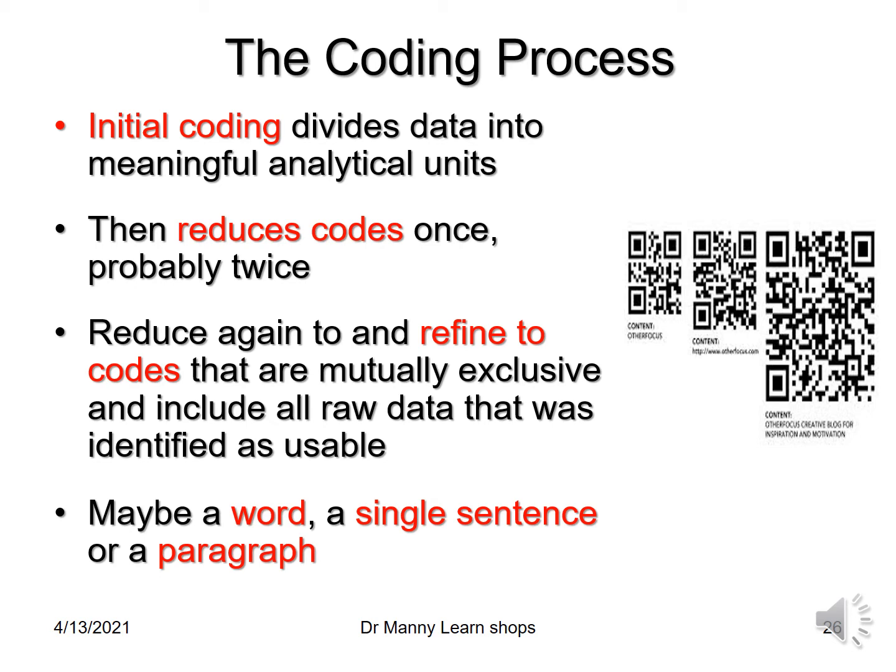So you reduce again and again and refine the codes that are mutually exclusive and include all the raw data that you identified as the analyst as being usable. And it could be just a word or a single sentence or a paragraph.